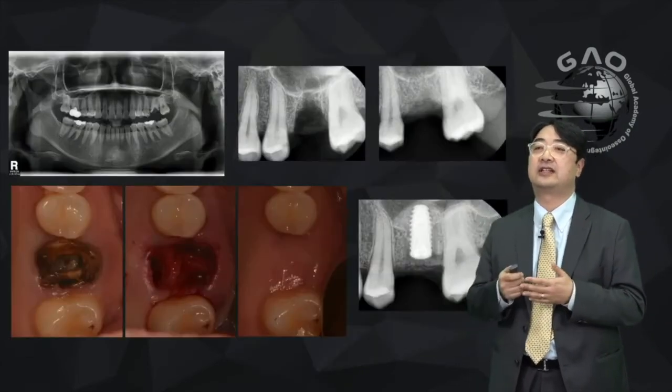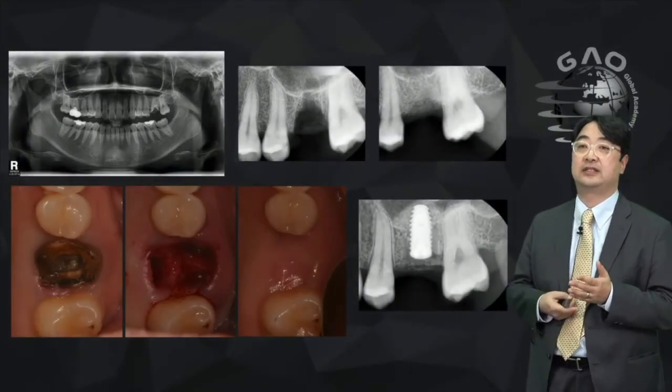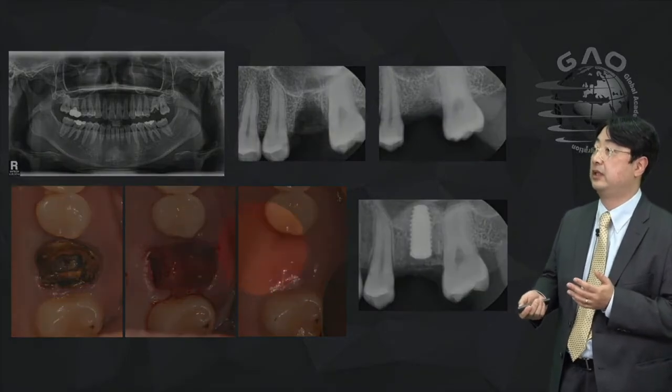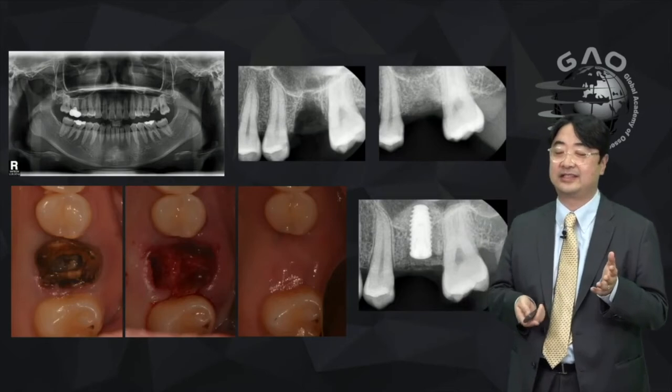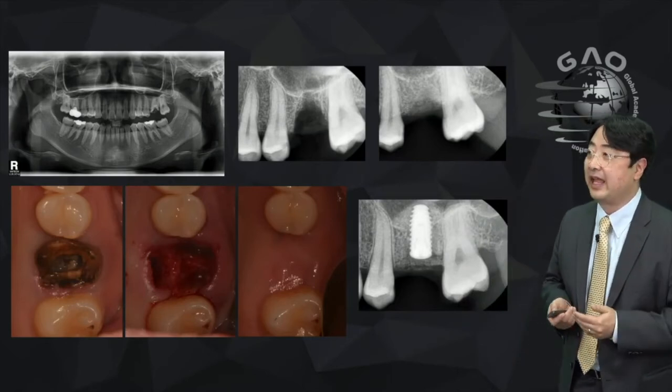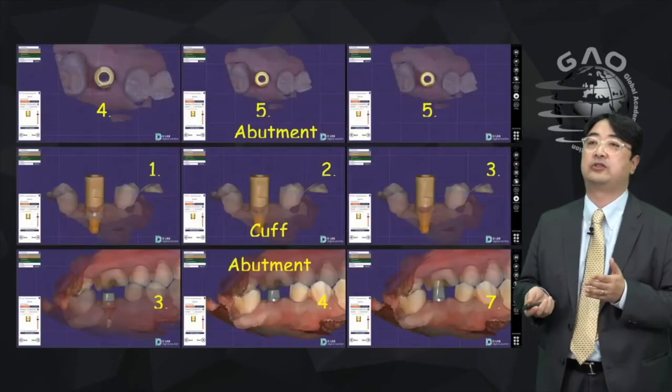So here I have another case. This lady needed a single implant on number 26 with immediate placement and a sinus graft with the crestal approach. After that, I scanned this case with the intraoral scanner and sent the data to the lab.